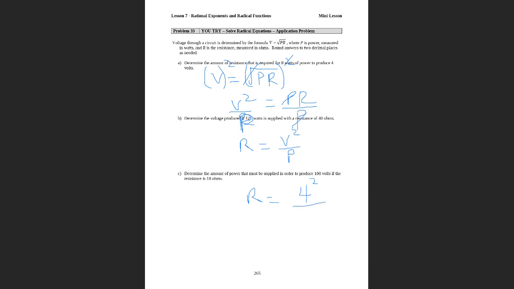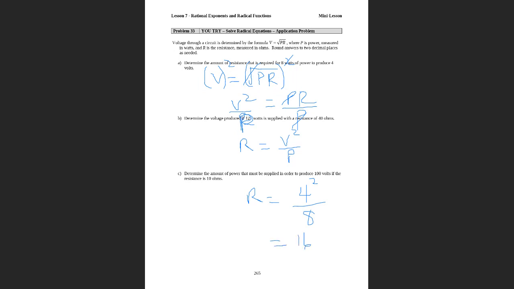Another way to look at this is that someone would pick this and then would decide to do a change of subject. So I square this, and then I square that. This cancels. So I'm going to have V squared equals PR. I divide by P because I know that I'm looking for R. So R equals V squared divided by P. I have 4 squared divided by 8.